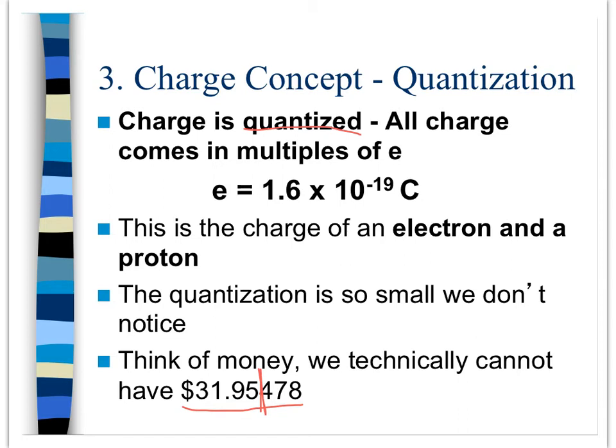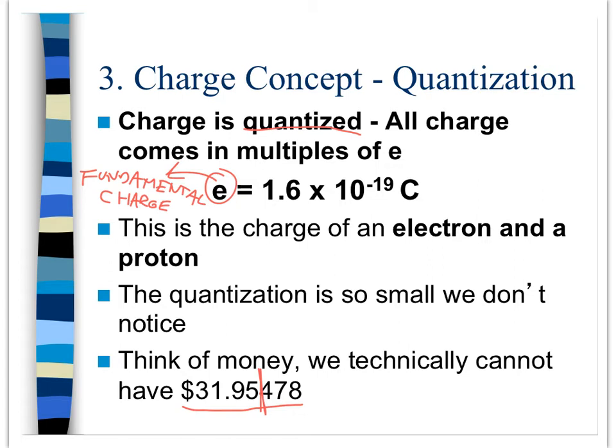Charge is the same way. It comes in units of e, and this e here is known as the fundamental charge. This is the charge that's on both a proton and an electron. The value of this fundamental charge is 1.6 times 10 to the negative 19th coulombs. So charge is quantized in terms of that, which means the smallest possible charge any object can have is 1.6 times 10 to the negative 19th.